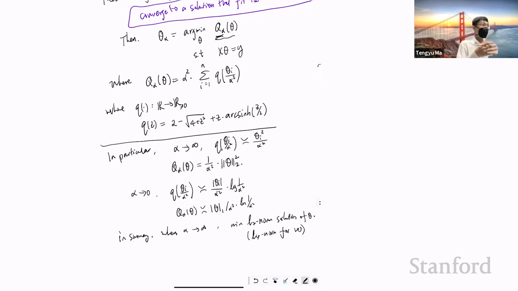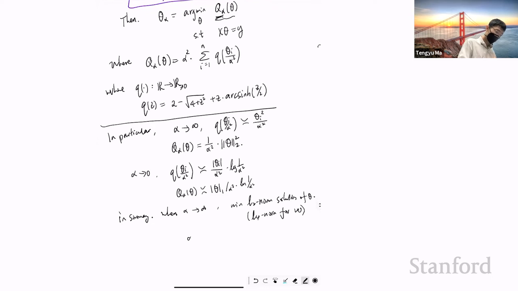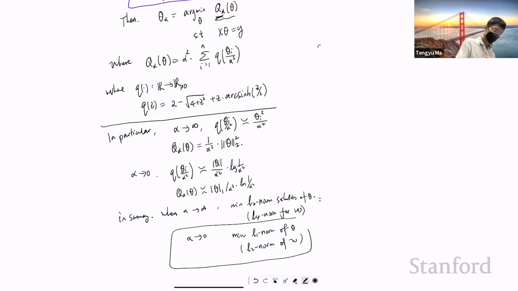Because theta is the square of W. And when alpha goes to 0, this is similar to what we discussed in the last lecture. So you have the minimum L1 norm of theta, which is the minimum L2 norm of the W's.